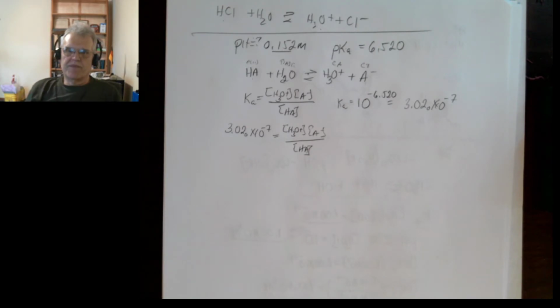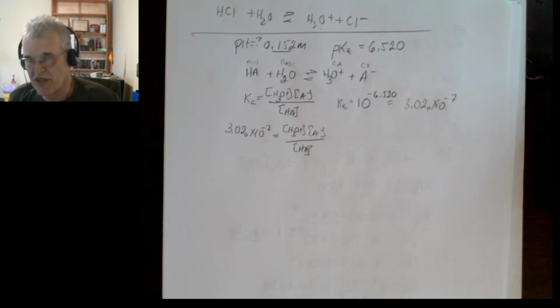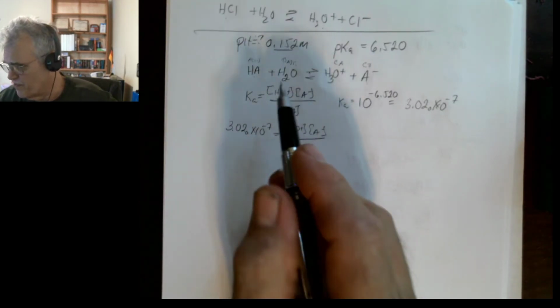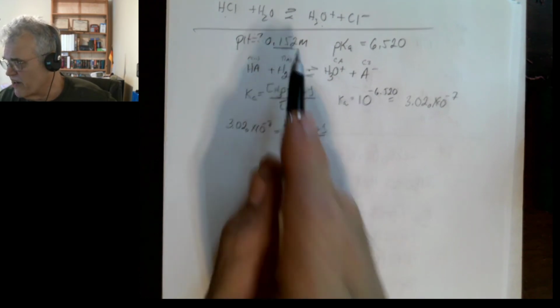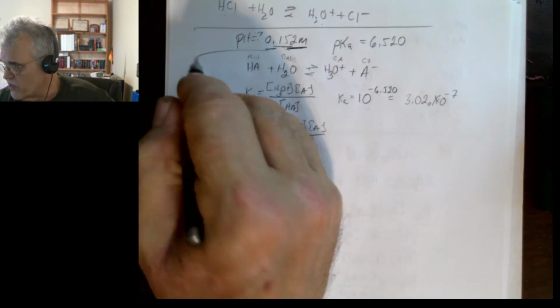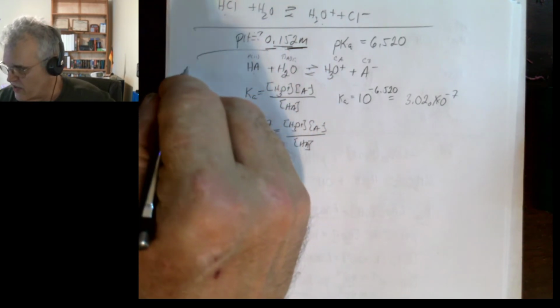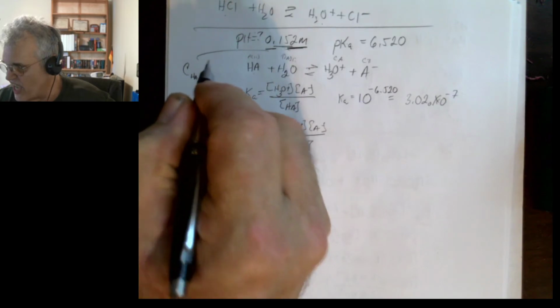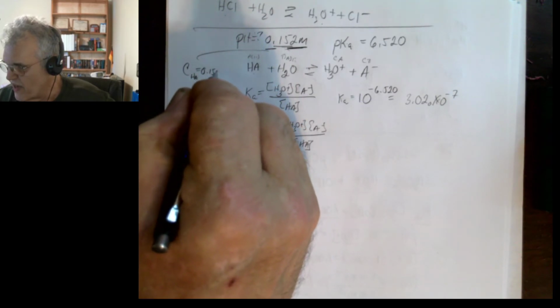I've got three unknowns. I don't know what the hydronium ion concentration is, that's what I'm looking for, pH. I don't know what the A minus concentration is, and I don't know what the HA concentration is. I know the molarity of the acid as it went into solution, which we call the analytical concentration, usually given as CHA, 0.152 molar.